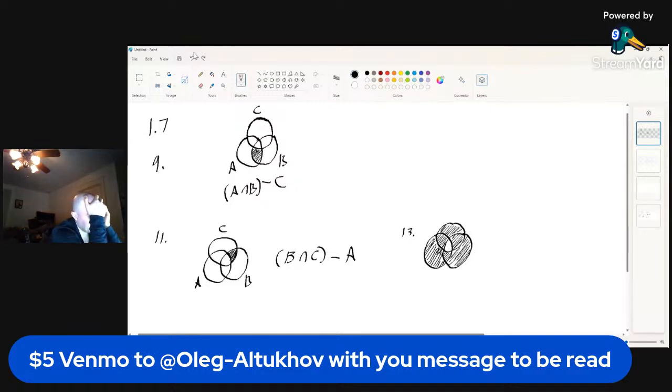Let's see here. So this is something that exists in A, B, and C, but it's not. Maybe that was right. We're saying the component of something that exists in A, B, and C.